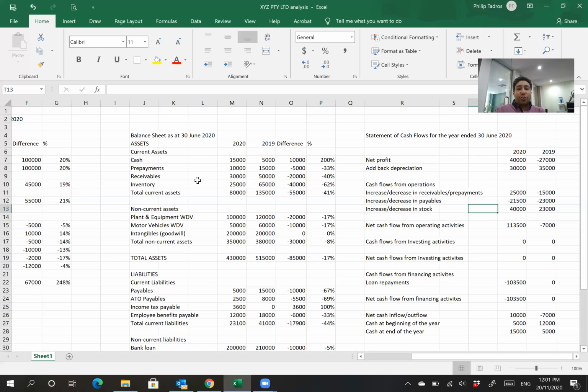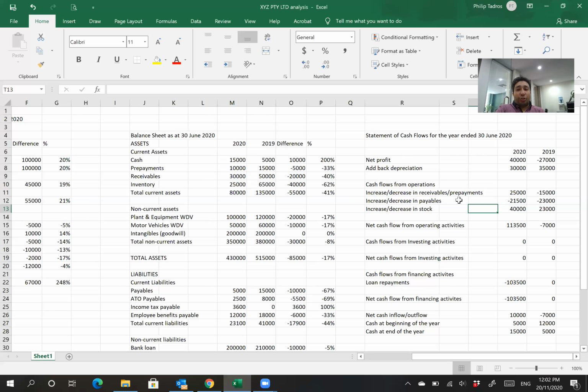You're using cash to pay these things, and so it reduces your cash flow. So a decrease in a current liability is accompanied by a negative amount. And again, that negative amount would be shown in brackets as a cash outflow.